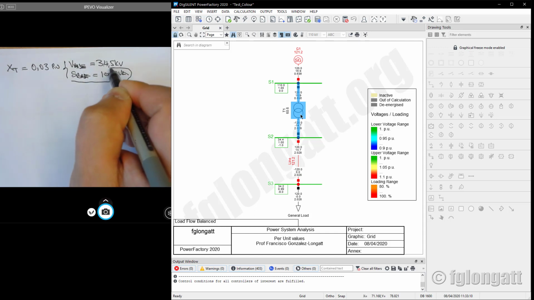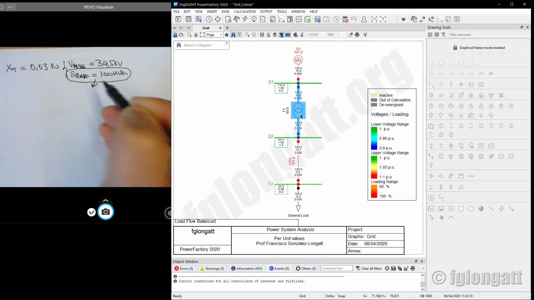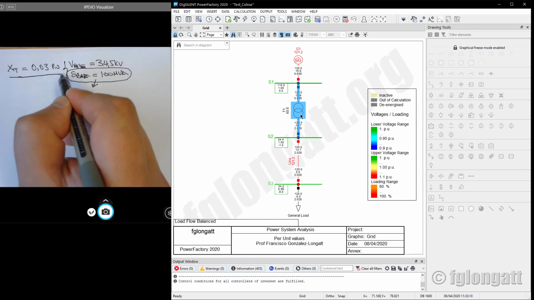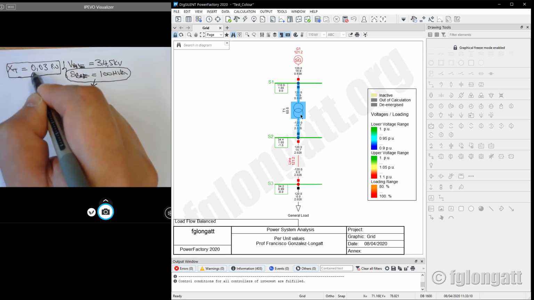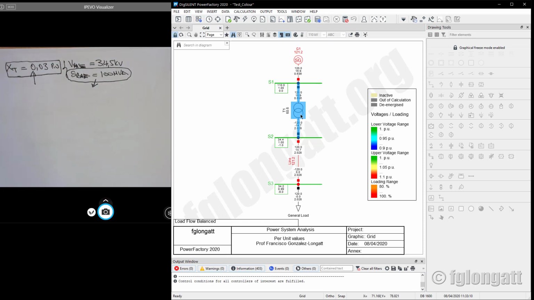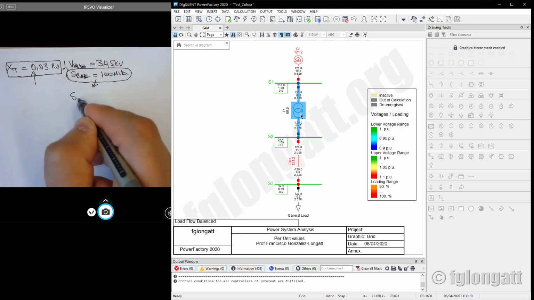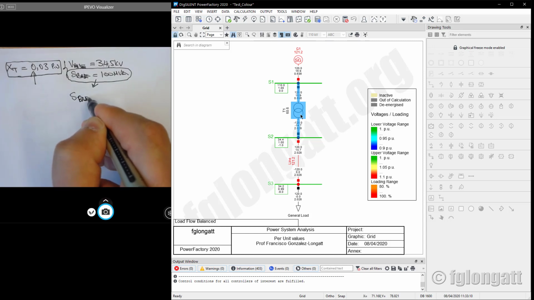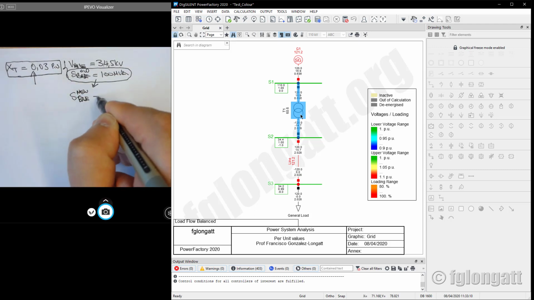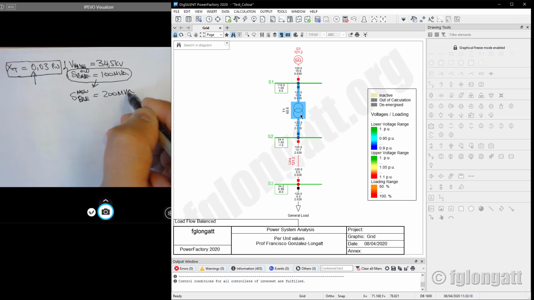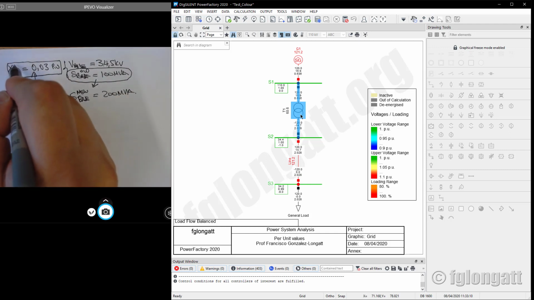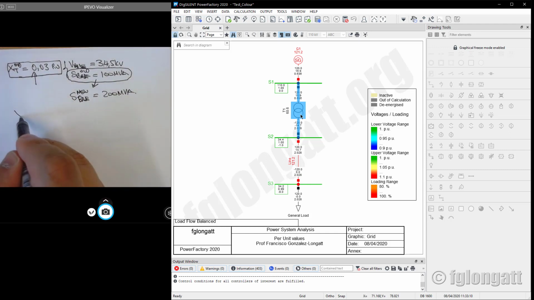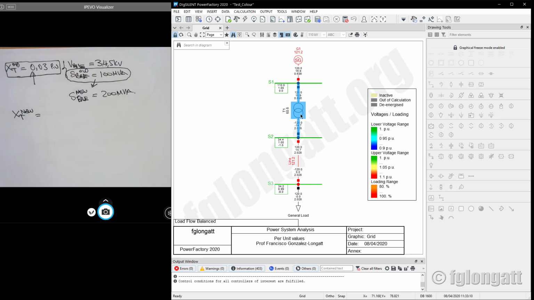But if you change this number, now this per unit value is no longer valid. What I'm telling you is, if you convert this base, and we can say this is the new base and this is the old base, you need to say that this is the old reactance, and now you need to calculate the new reactance of your transformer. Okay?